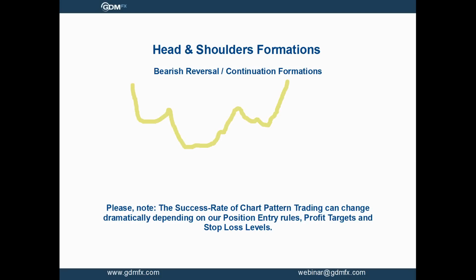So basically it looks like the normal head and shoulder, it's only upside down. We will have our neckline here, the two shoulders, and our head down here. Our profit potential is the distance between the head and the neckline.